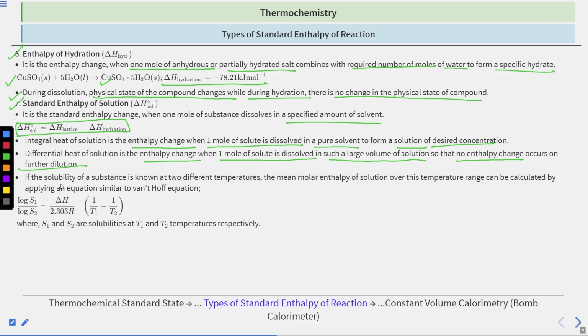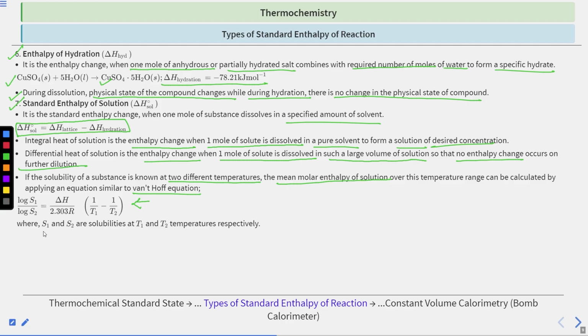Okay. So if the solubility of a substance is known at two different temperatures, the mean molar enthalpy of solution over this temperature range can be calculated by applying an equation similar to Van 't Hoff equation. And this is the equation: log S1 divided by log S2 equals delta H upon 2.303 R multiplied by the difference of fraction of T1 and T2.